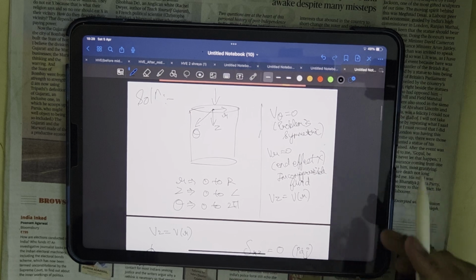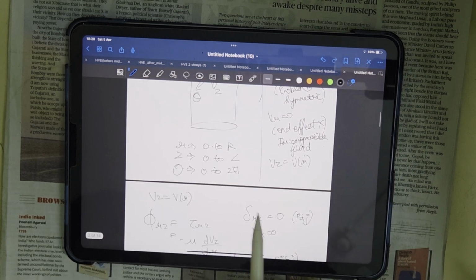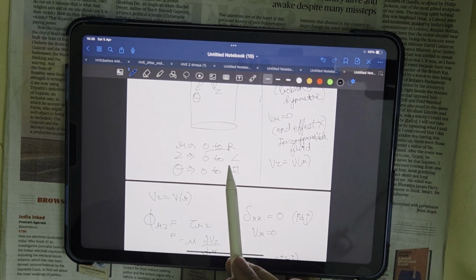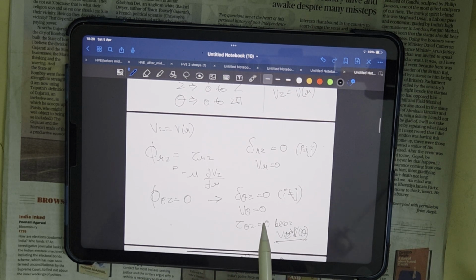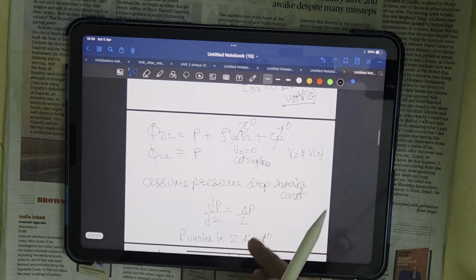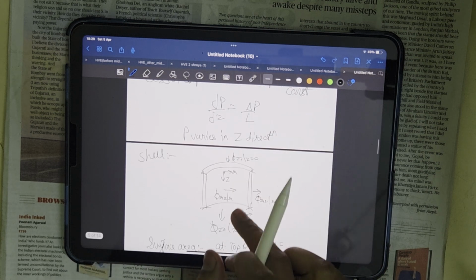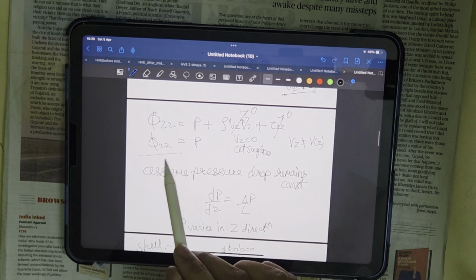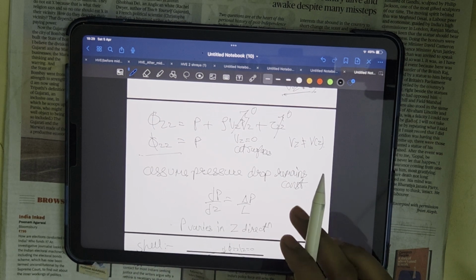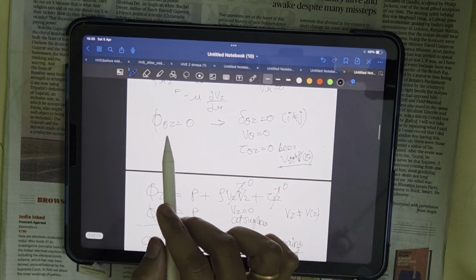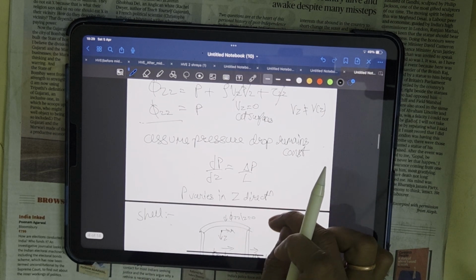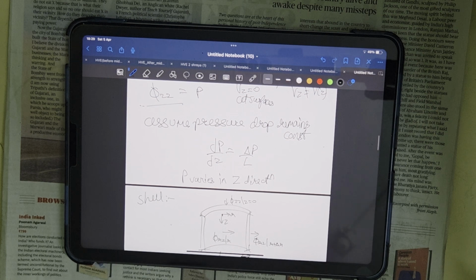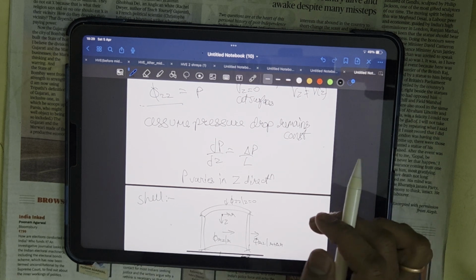Vz is a function of R. R varies from 0 to R, Z varies from 0 to L, theta varies from 0 to 2 pi. We find out the non-vanishing terms, and the final equation which we got is: phi zz is equal to P, phi theta z is equal to 0, and phi rz is equal to tau rz. As we assume that the pressure drop remains constant, dP by dz is equal to delta P by L.